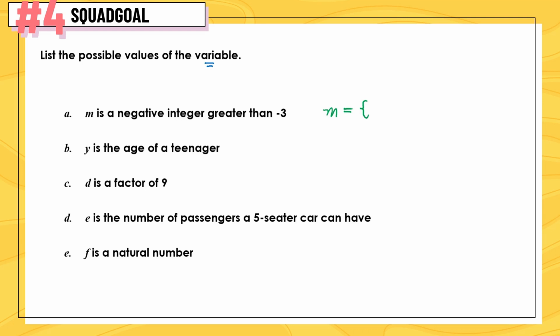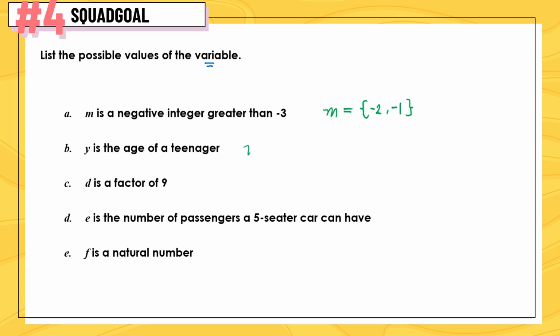Set notation. Negative integer greater than negative 3. So what are those negative integers na mas mataas sa negative 3? We have negative 2. We also have negative 1. Meron pa ba? No more. Okay? So these are the possible values for this variable. We got 2. Still variable pa rin siya.